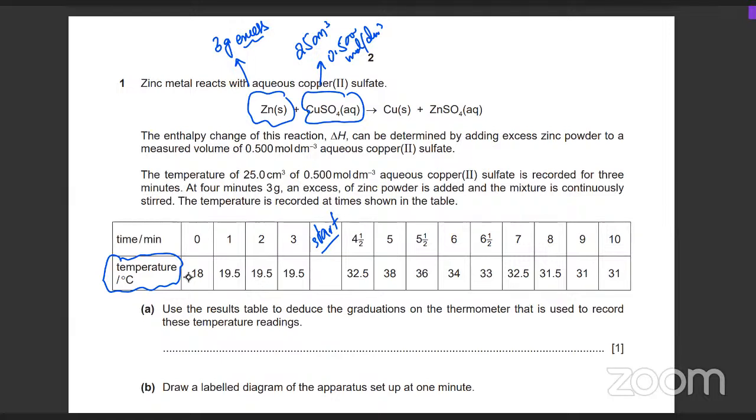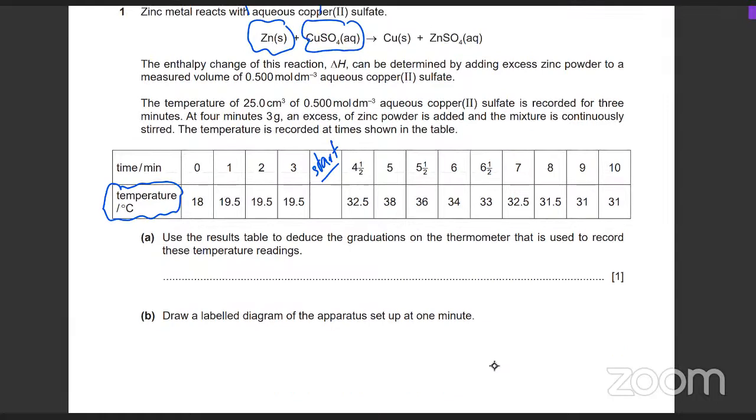What is it? Just a sec. I said this one is not 0.1. It's definitely not 0.1.